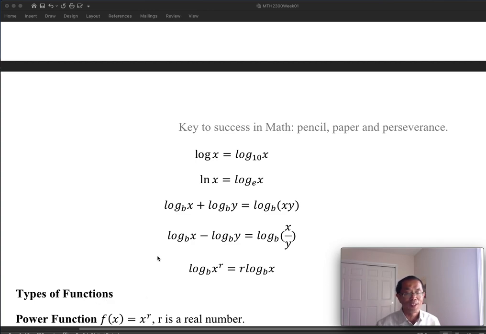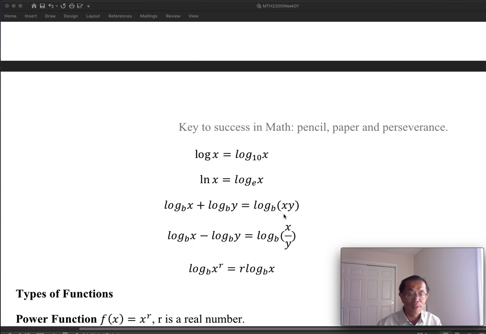One thing just came to my mind that I should have mentioned before moving on to reviewing functions. These are supposed to be reviewing materials, but we are doing calculus 1, and I want you to take a different look at those two properties of logarithms, from the point of view of calculus, which is somewhat at a higher level than algebra. Read those two properties from right to left.